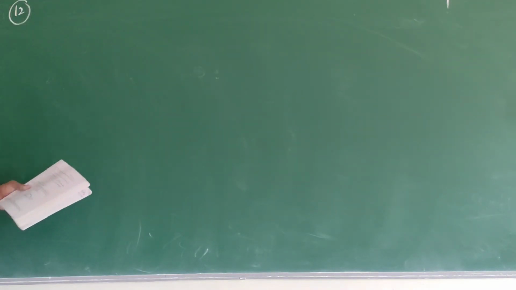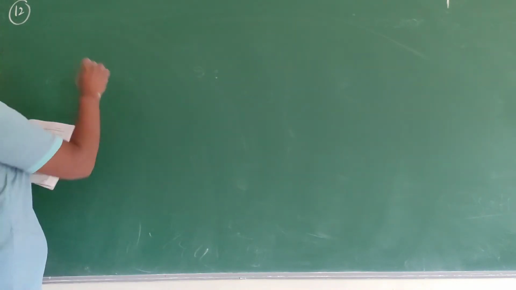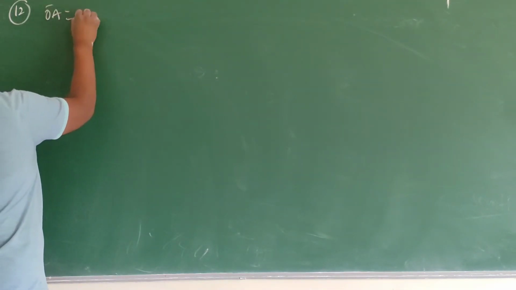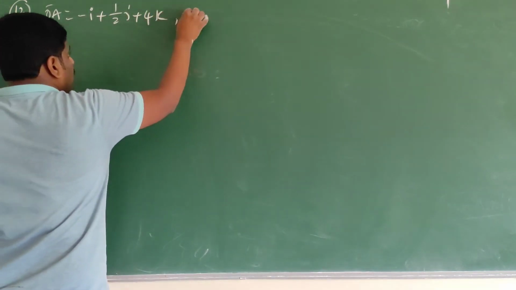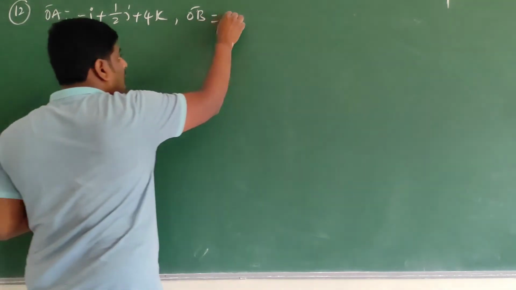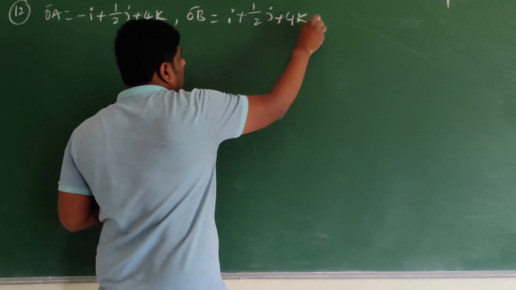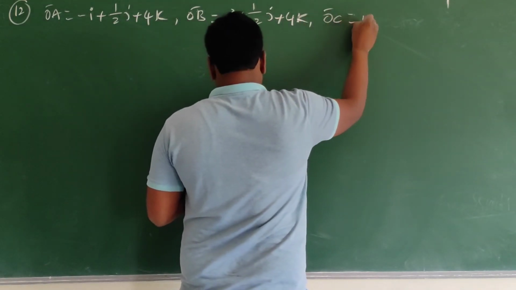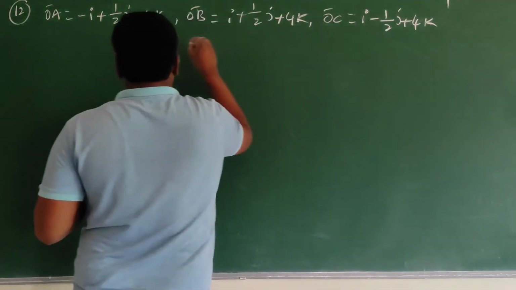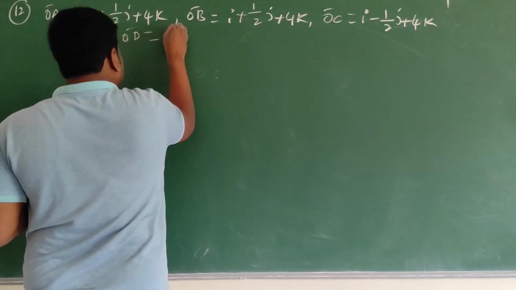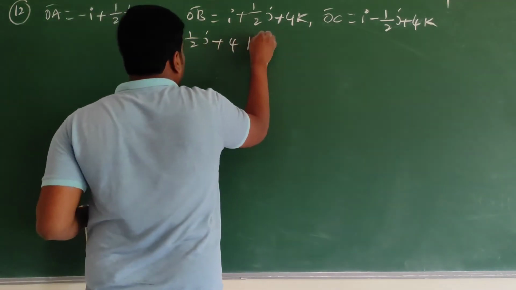We have to find the area of a rectangle with position vectors of A, B, C, D given. That is OA bar is minus i plus 1 by 2 j plus 4k. OB bar is i plus 1 by 2 j plus 4k. OC bar is i minus 1 by 2 j plus 4k. Therefore OD bar is minus i minus 1 by 2 j plus 4k.